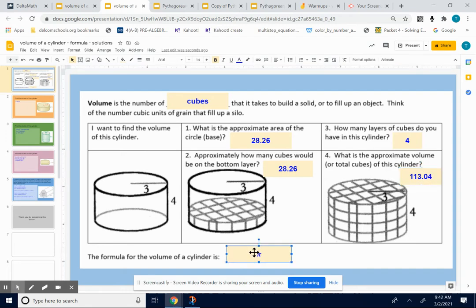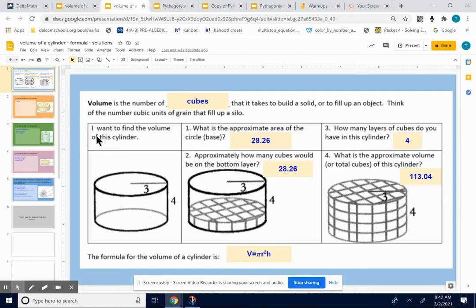So the formula: V equals pi r squared, the area of the circle, times the height. So there's the volume of a cylinder, pi r squared h. r is the radius, h is the height.